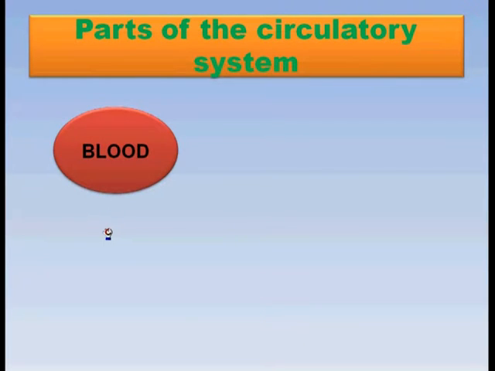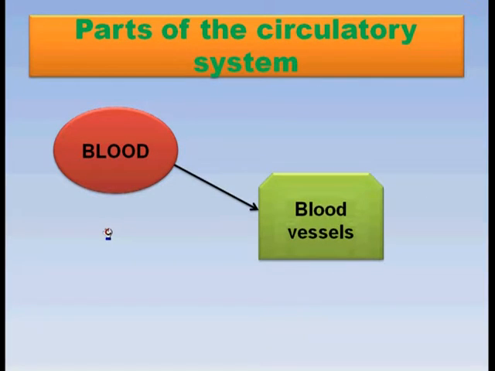Parts of the circulatory system. Blood is one of the parts of the circulatory system. Blood vessels are another part of the circulatory system.